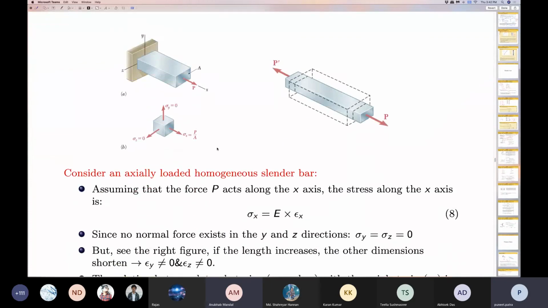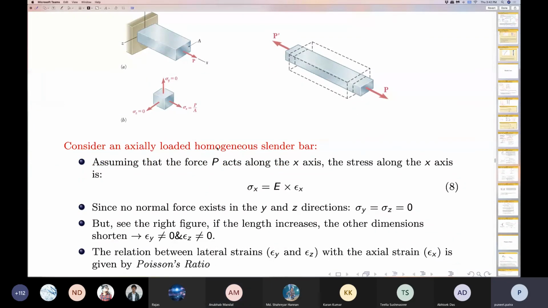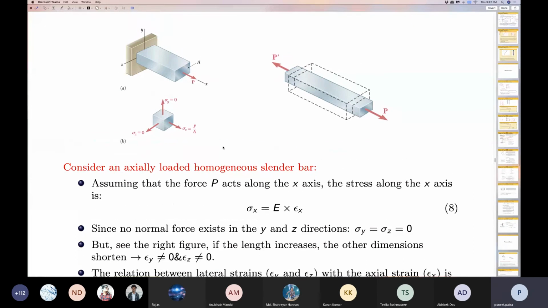So let's move on to another interesting concept, which you can also observe very easily by taking a rubber band and pulling it. What happens when you pull the rubber band a large amount? You would see that the rubber band extends along the axial direction, but in the other two directions, it shows some amount of shortening, right?